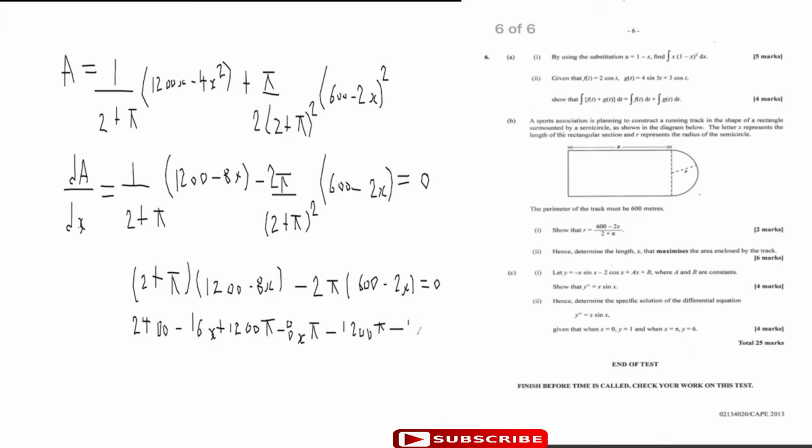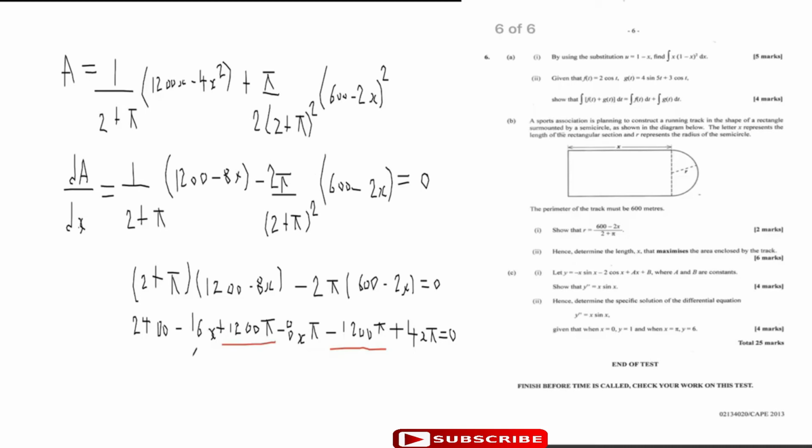Minus and minus become plus, so it becomes plus 4x pi equals 0. Now look what I'm going to do. I am going to underline this 1200 pi and this minus 1200 pi, they cancel each other. And all we need to do is group our x terms.